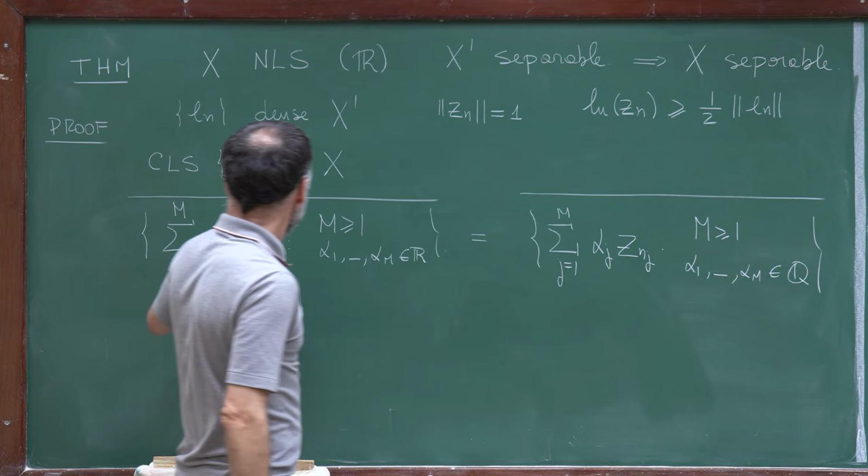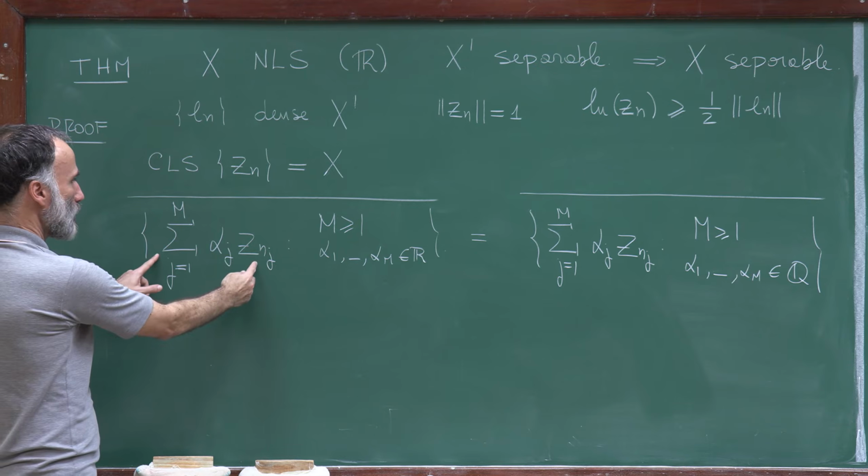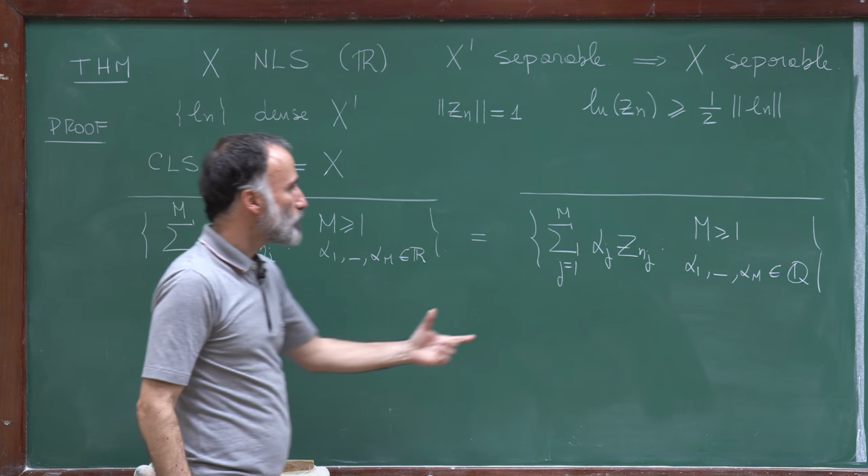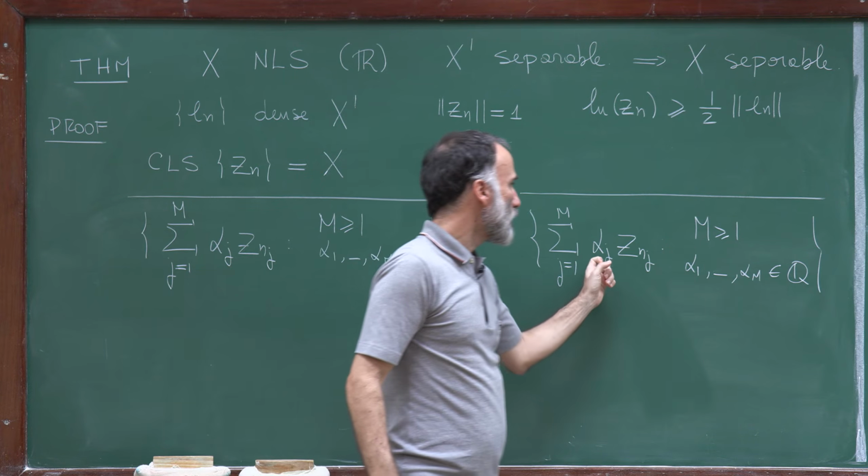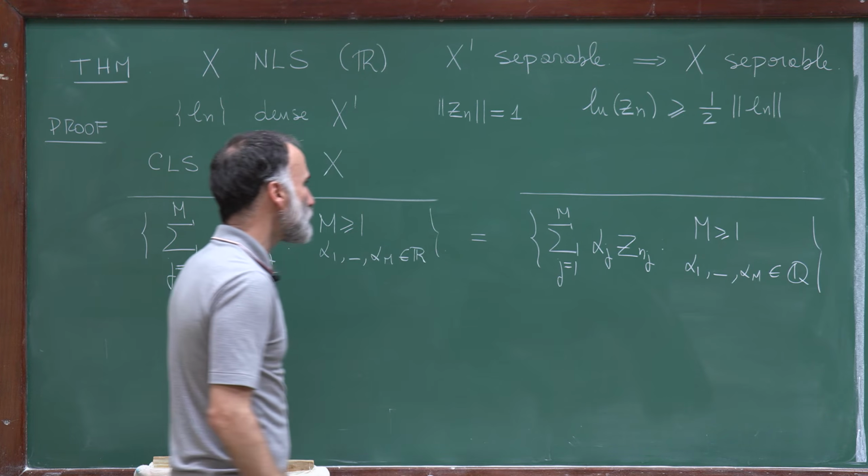So any element of such a type can be approximated by an element here in which the scalars are taken in the rationals.